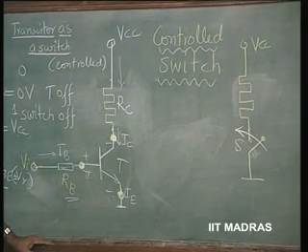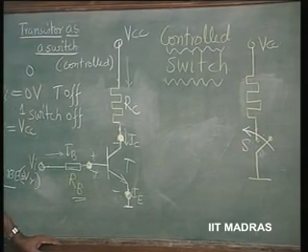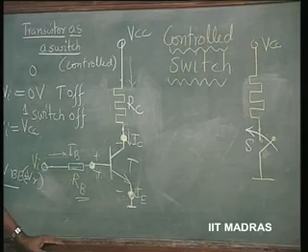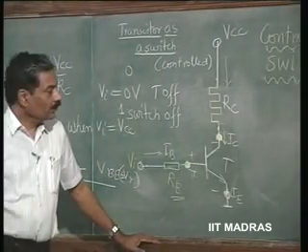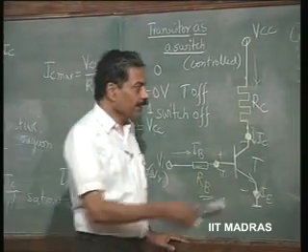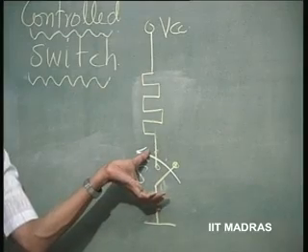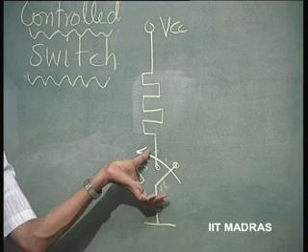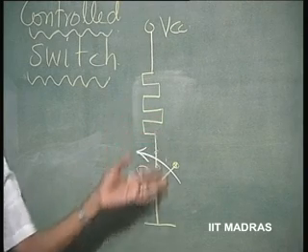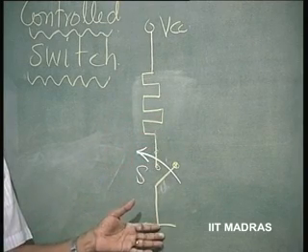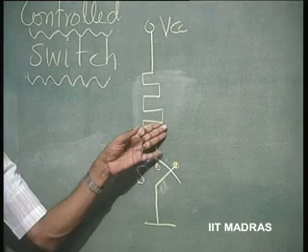Why should it go to saturation? Why can't it be in the active region? That may be a question. Because then it is not going to act as a switch. Switch, when it is closed, has 0 voltage drop across it, and current can be anything, fixed by this resistance.